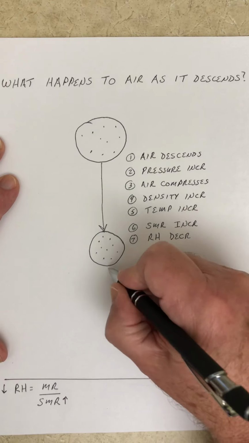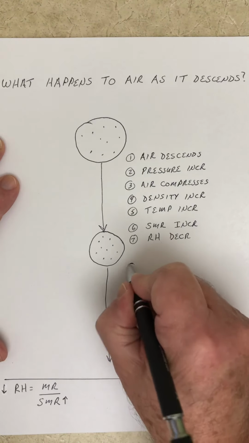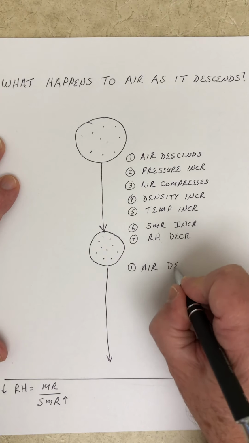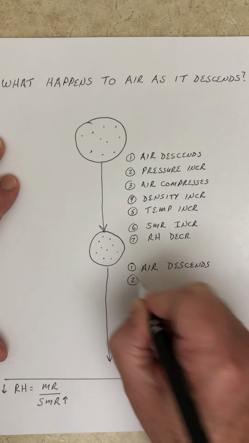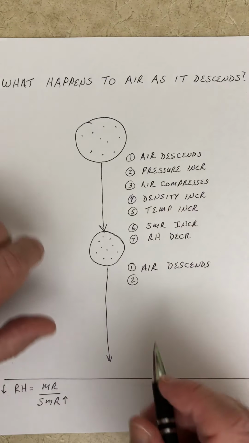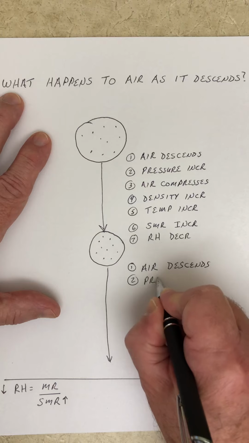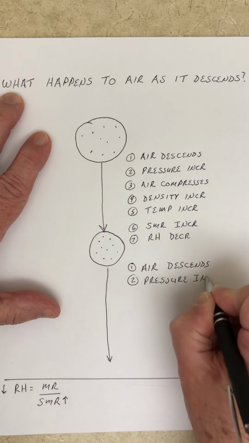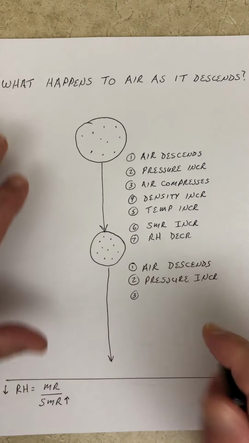And if we bring it all the way down to the Earth's surface, once again, all those steps are in place. So the air descends. There are more air molecules in the column of air pressing down on the air parcel, so the pressure is going to continue to increase as it continues down towards the surface. As the pressure increases, that's going to act to compress that air parcel.